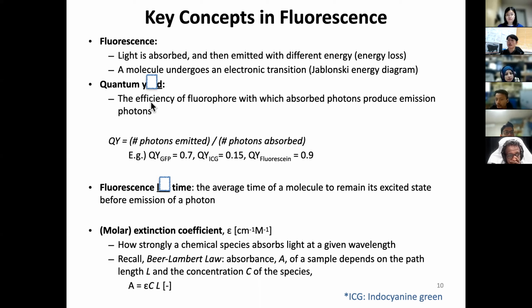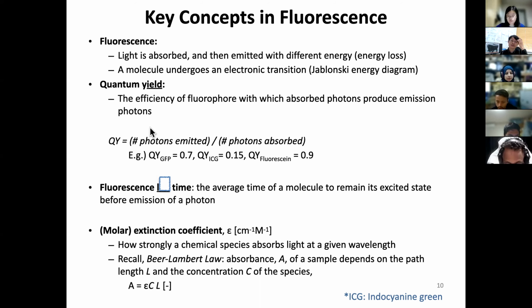There's a fluorophore, there's an excitation photon in. It doesn't always emit photons. So that efficiency you can define as how much fluorescence produces emission per absorbed photon. The number of photons absorbed versus the number of photons emitted, you can define as the quantum yield.